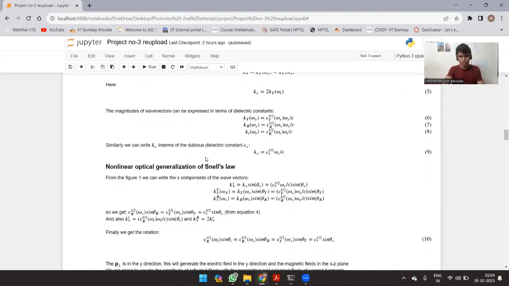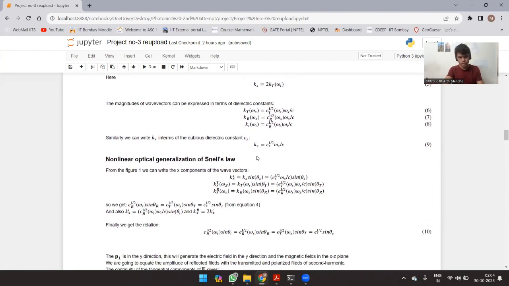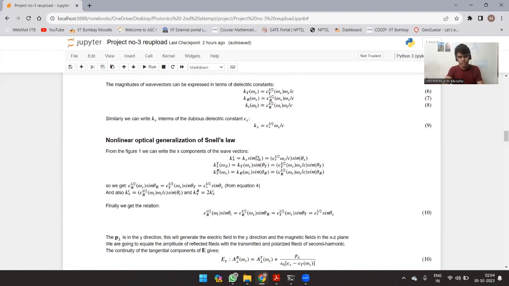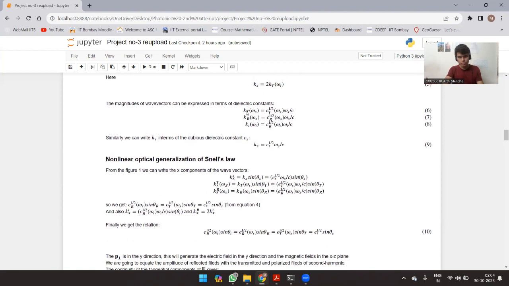Anyways, moving on, we've got this picture with dielectric constants, and we've written these wave vectors in terms of their dielectric constants. Now, Snell's law is sine theta upon sine theta, that's mu.